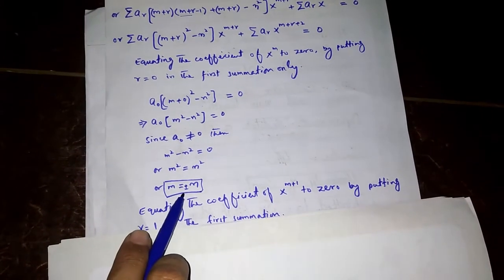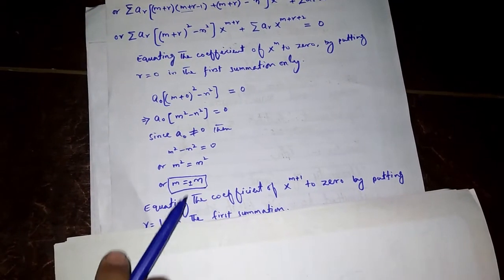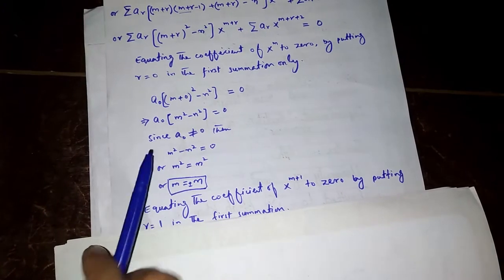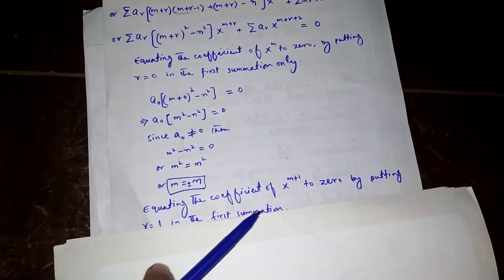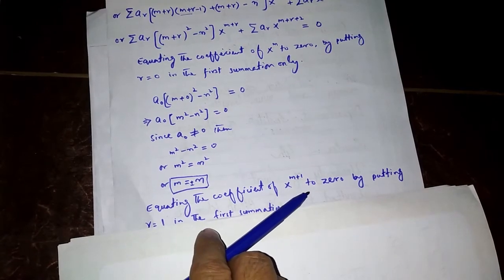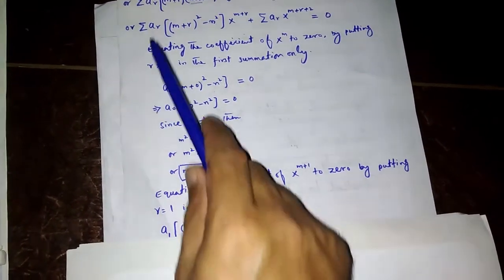So when m is equal to plus or minus n, for the next coefficient we have to equate the coefficient of x to the power m plus 1 to 0 by putting r equal to 1 in the first summation here.